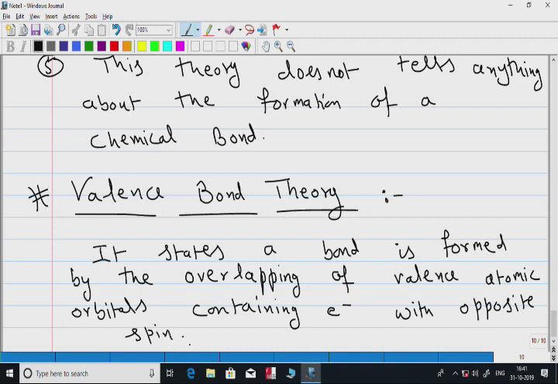This is the main theme of this theory, and it is based particularly on this statement, that whenever a chemical bond is formed, it will always be formed by the overlapping of atomic orbitals, which are the valence atomic orbitals, and they must have the electrons.